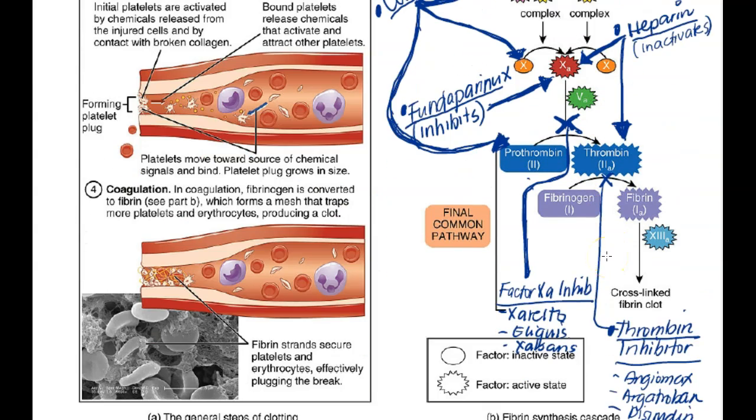Now you'll also learn about fibrinolytics or thrombolytics, which break existing clots, which neither the platelet aggregation inhibitors nor the anticoagulants do. So they don't break existing clots. We're going to talk more about that. I know it can get kind of confusing, but I just wanted you to know that there are differences between platelet aggregation inhibitors, anticoagulants, and thrombolytics.